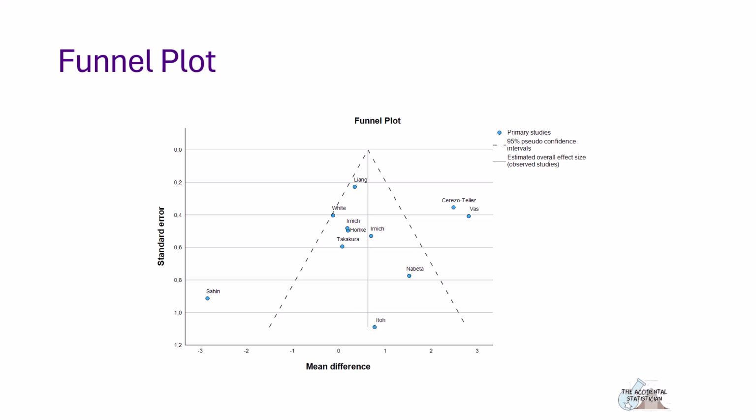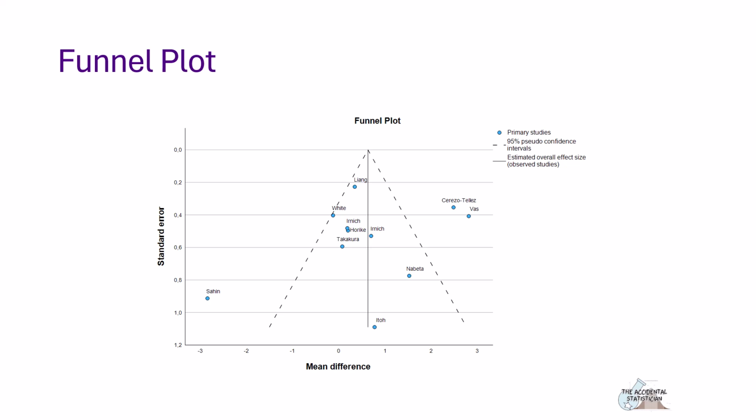Now you have these confidence intervals, or these pseudo confidence intervals, which are marked by the dashed lines. Any papers that fall outside that are unusually different to the average of the rest of the studies, and these are contributing to the heterogeneity of your data.